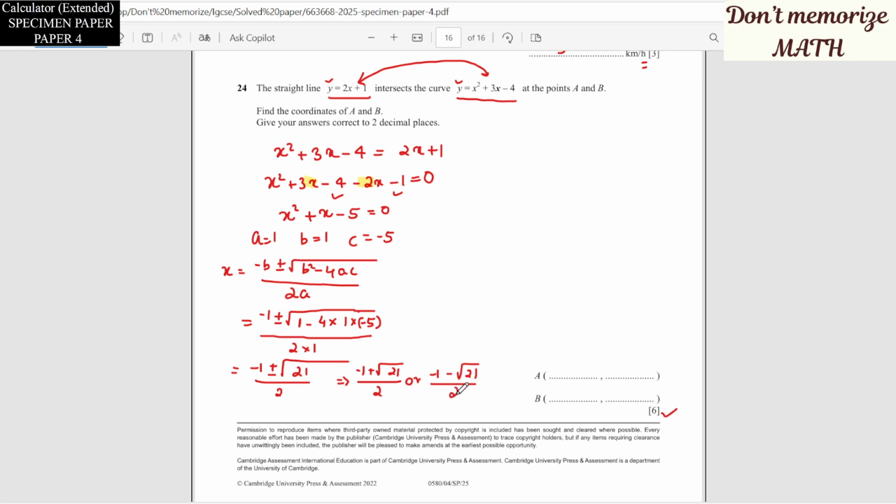Now use the calculator. Use the fraction button, you have in the numerator minus 1 plus square root of 21, divided by 2. See the decimal number you will get for the first one is 1.791287. Just write at least 5 digits.